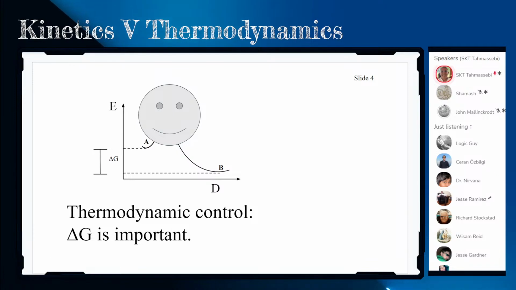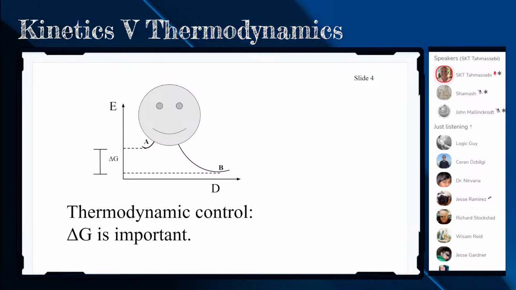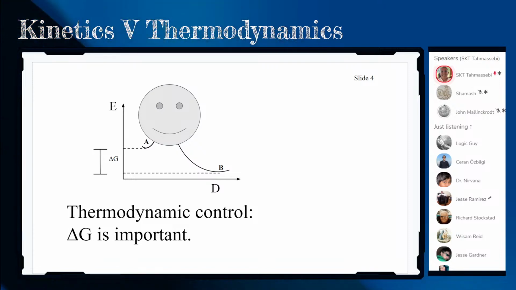Your reaction goes to completion. But thermodynamic control tells you the product that you get from this reaction is a product that is thermodynamically more stable than the reactants.